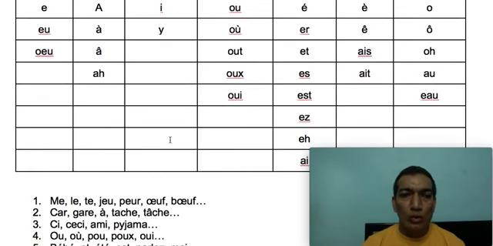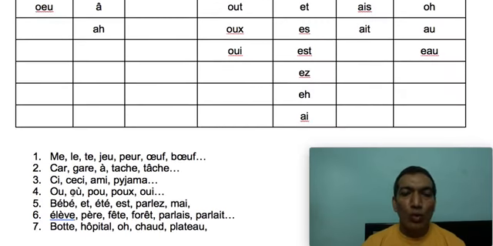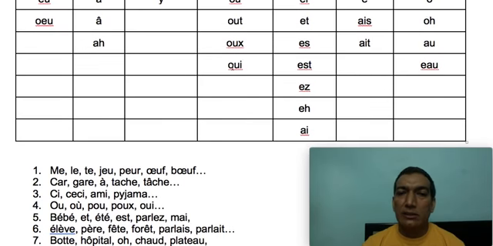Okay, and then I will come later for this sound also. So OU means "or," the word which is for the comparison of two words, or when you have it with accent, OÙ means "where." Then POU, or POUX, and then this sound OUI.